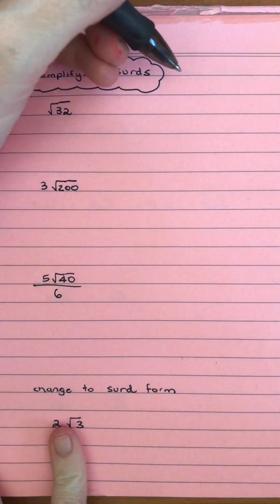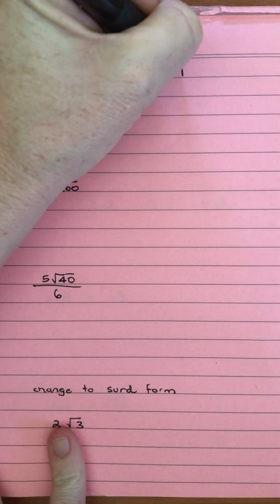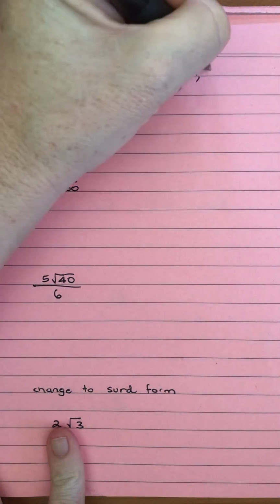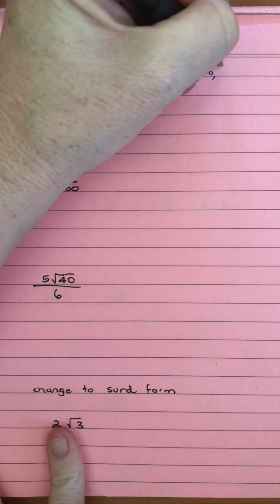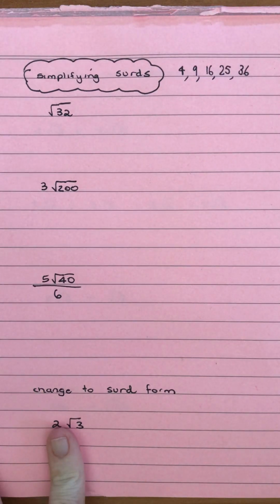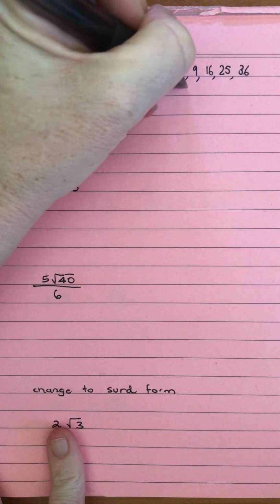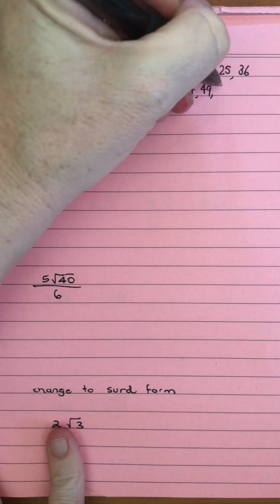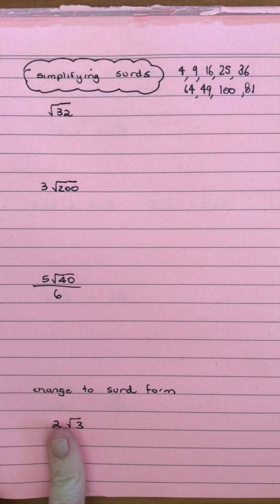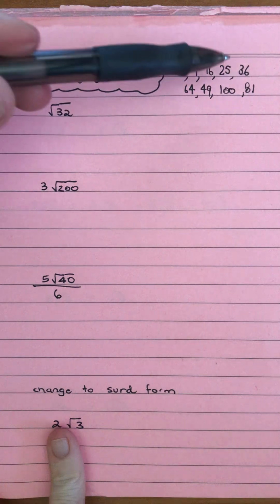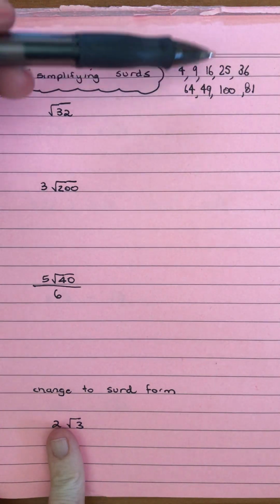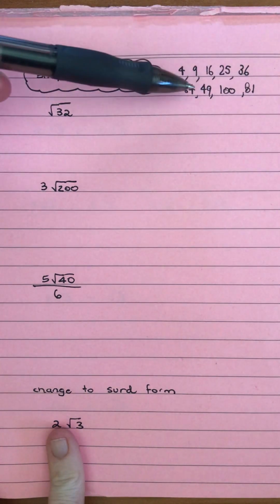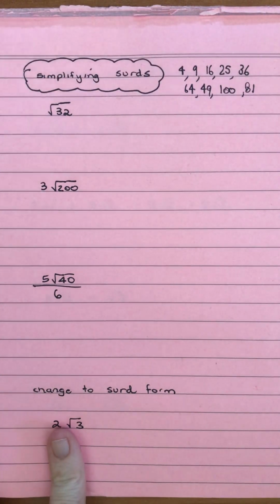So when we're thinking about our square numbers, we're looking for factors of 4, of 9, of 16, of 25, 36, and they're the ones that we're looking for to be able to divide by, those really common ones, your 64, 49, the 100, 81. So we've got 2 squared, 3 squared, 4 squared, 5 squared, 6 squared, 7 squared, 8 squared, 9 squared, 100. So yep, got those ones. They're the ones we're looking for.